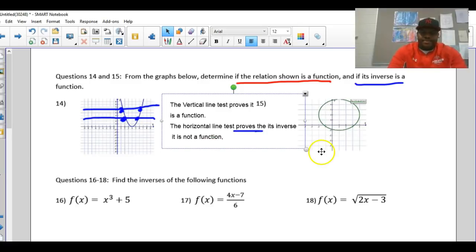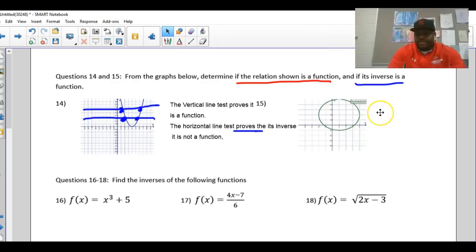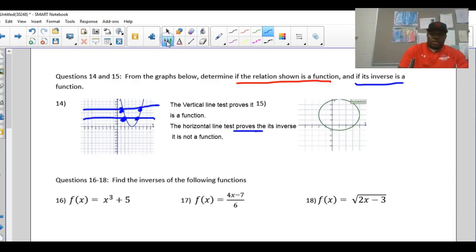All right. Now let's go over here. For this next problem, if we do the vertical line test, all right, see how this vertical line touches at 2 points?